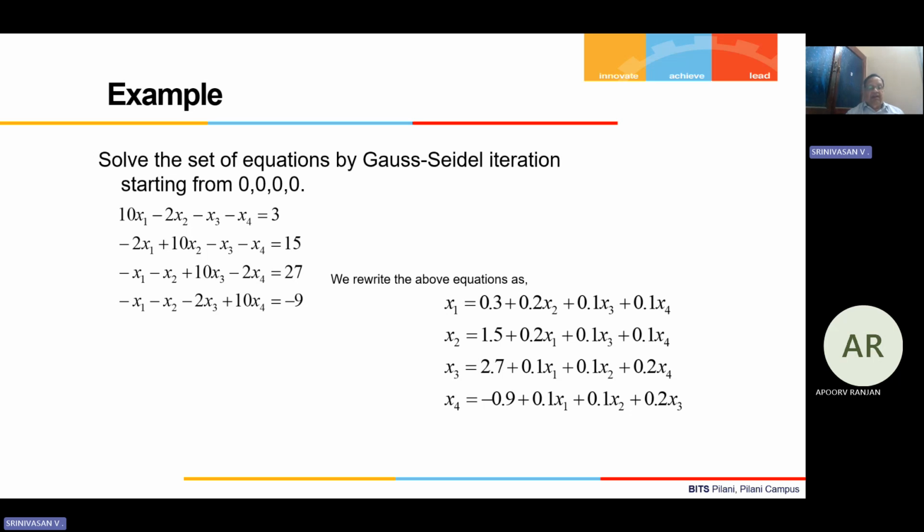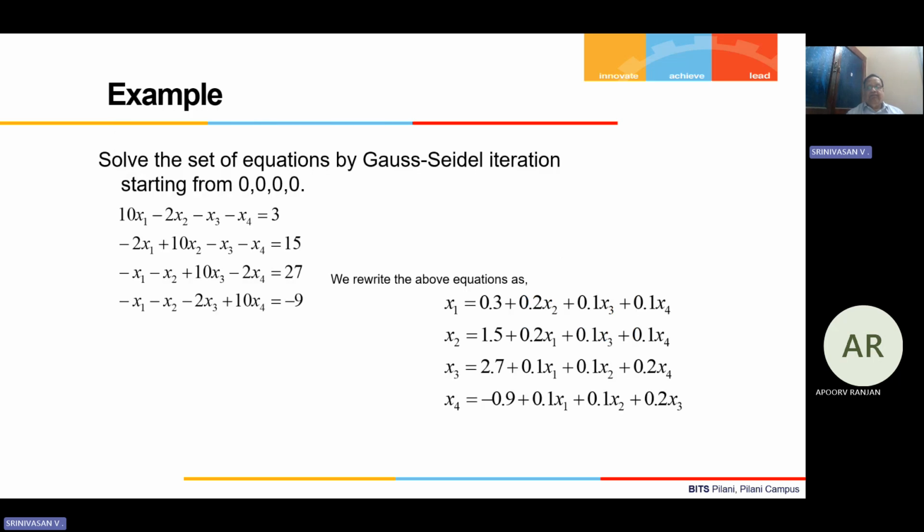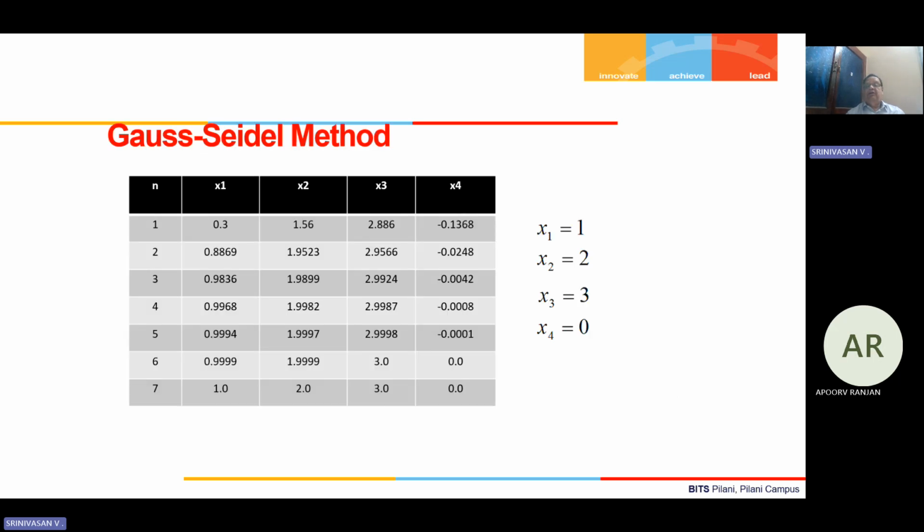For x2, 1.5, x3 0, x4 0, but the x1 value is recently found, 0.3, isn't it? So 0.2 into 0.3 is 0.06, and 1.5 plus 0.06 is 1.56.